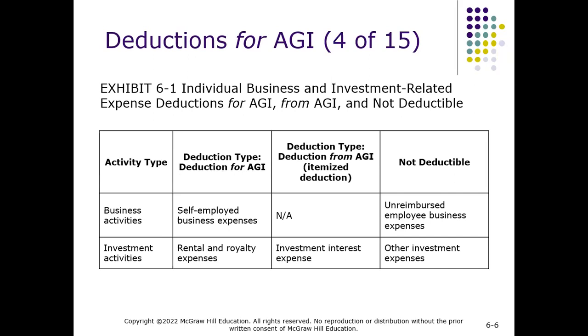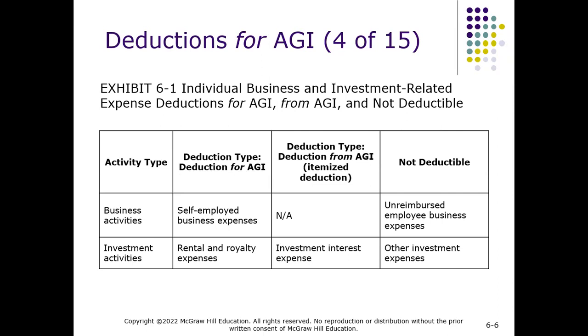Now on page 6-3, we have the typical activity with the type of deduction. So again, when it comes to business activities, we're usually looking at self-employed business expenses. And these will be deducted on the Schedule C. That's what a self-employed individual files their income and allowable business expenses on.